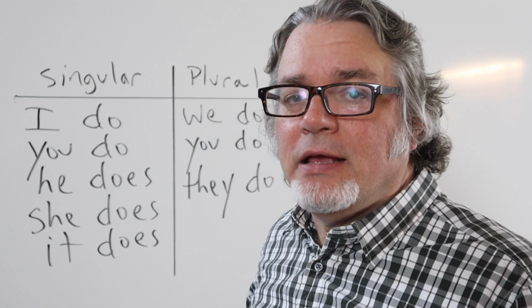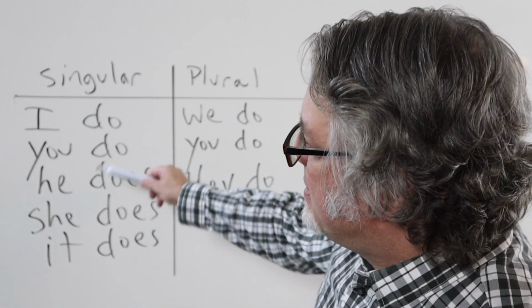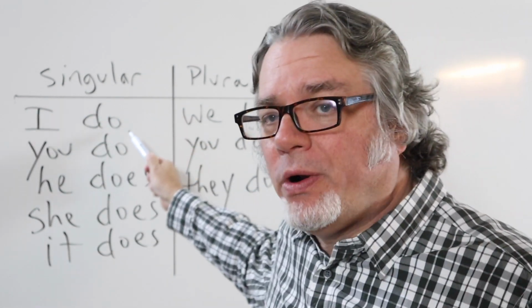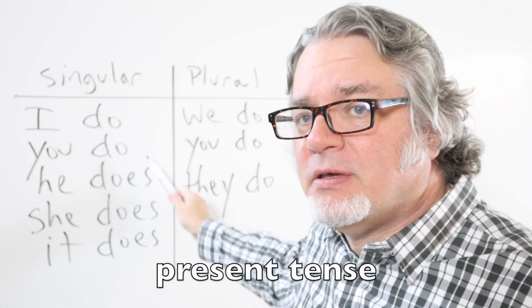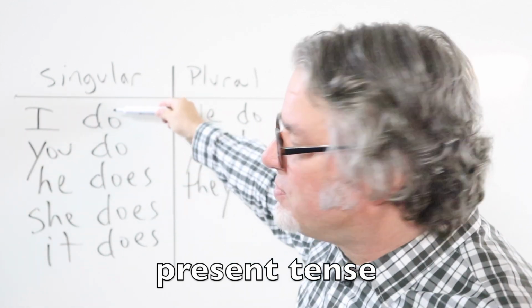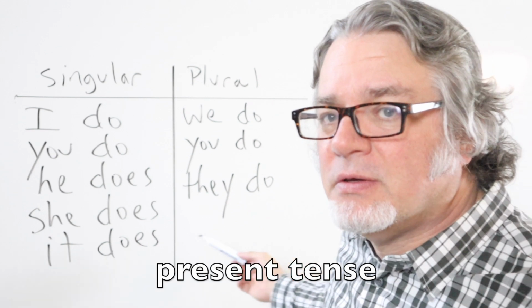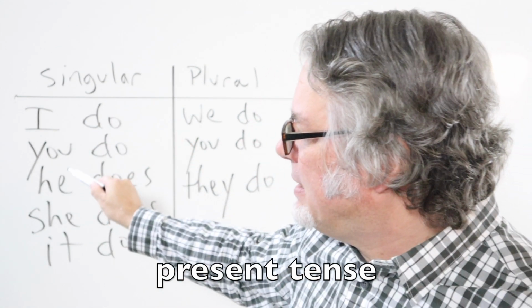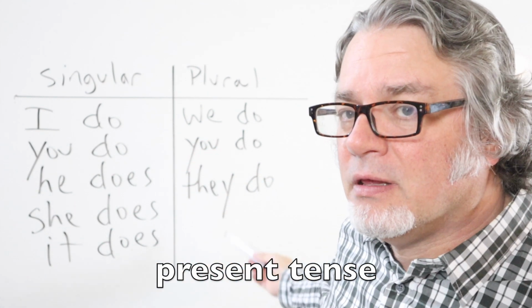When practicing English or learning English for the first time, it's a good idea to look at how the verb do changes according to the subject. This is in the present tense. So these can be used for negatives or for questions. I do, you do, he, she, it does.